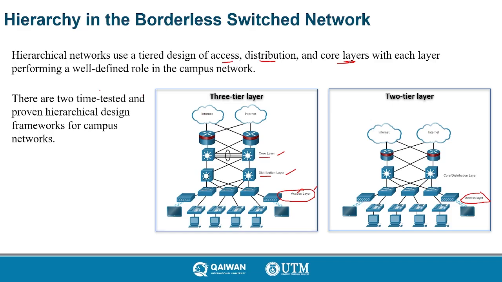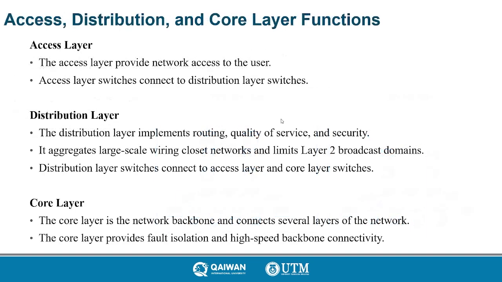These are two time-tested and proven hierarchical design frameworks for campus networks, and it means that these two, the three-tier or the two-tier layer, are both tested, and we know that these two are like the best campus network frameworks that we can rely on.